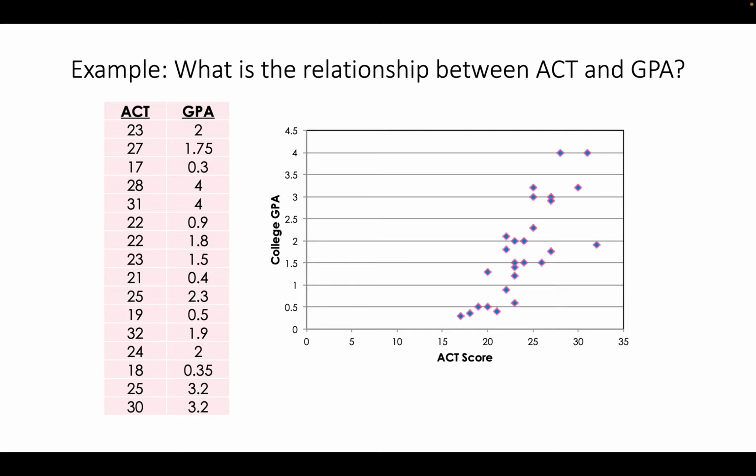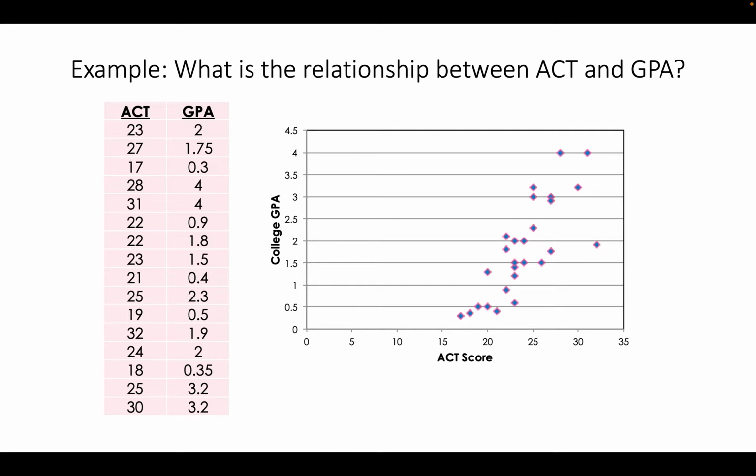So first we have, what is the relationship between ACT and GPA? Well, the table to the left is all of our data, right? And the scatter plot is all of those values plotted visually for us. Now each dot is one person. So if you start with the top column, we have an ACT score of 23 and a GPA of 2. If you lined your finger up on the screen at 23 across the bottom and 2 across the left side, you would end up on one of those dots right there on that line.